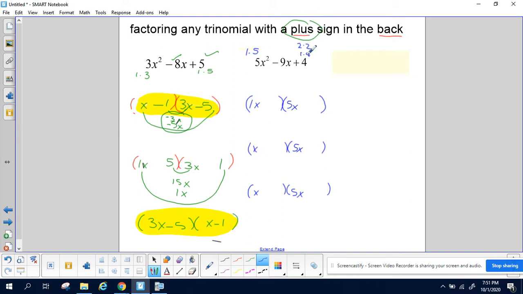It's either going to be 1 and 4 in that order, or 4, 1, or it's going to be 2 and 2. I know that because those are the things that multiply to 4. 4 times 1, 4. 2 times 2, 4. So which of these sets is it, and then what symbols am I going to use?